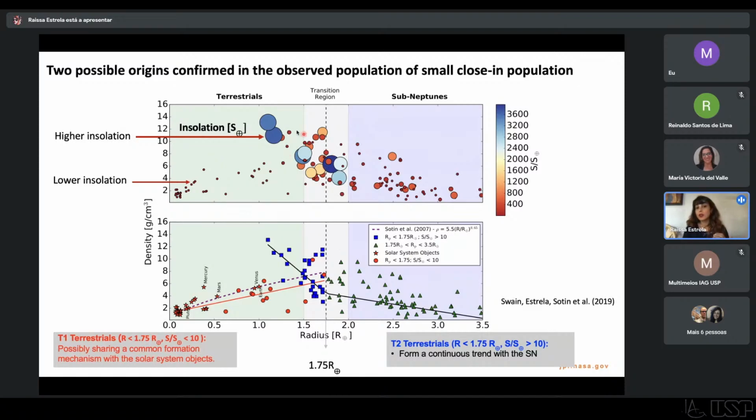While the highly insolated planets, the blue ones that you see in the bottom plot, form this continuous trend with the sub-Neptune objects. And this could be an indication that these planets are likely to be bare rock planets of sub-Neptunes, especially because they receive this high level of insolation.